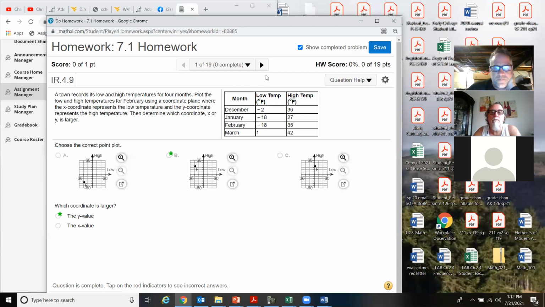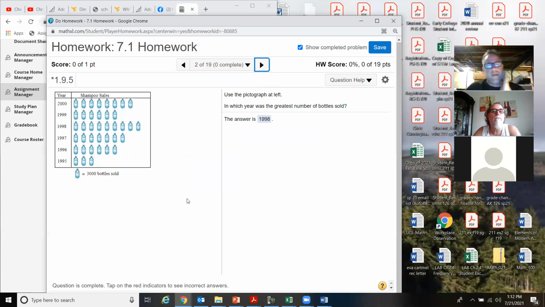Okay. We're good there. I'm going to look at a pictograph. Shampoo sales by year, 95, 96, 97, 98, 99, 2000. Notice it has a little key right here. It says each bottle represents 3,000 bottles sold.